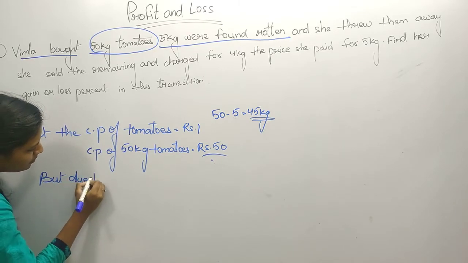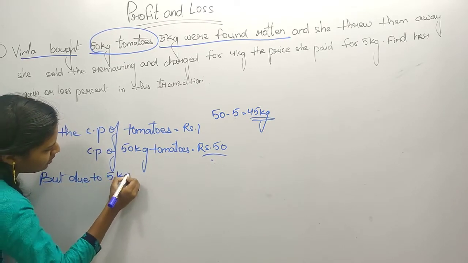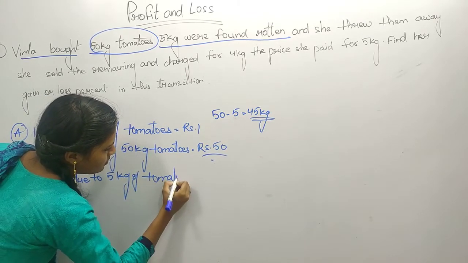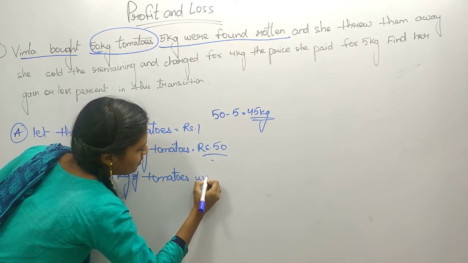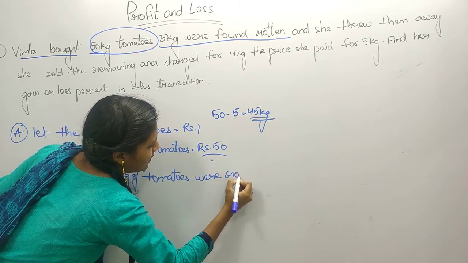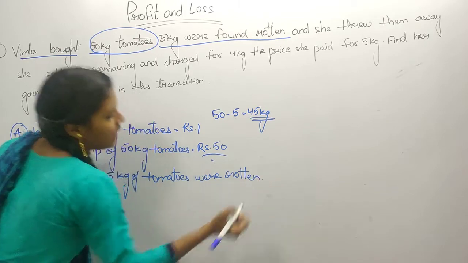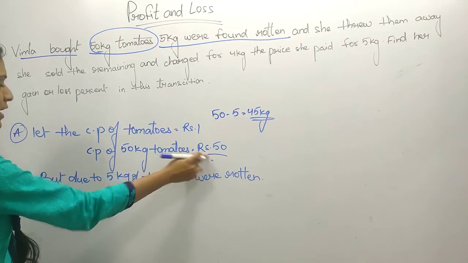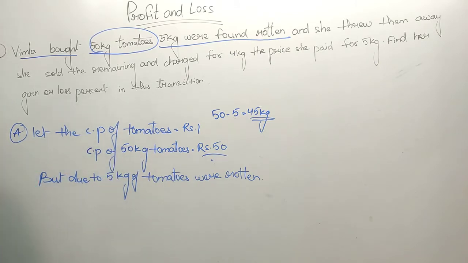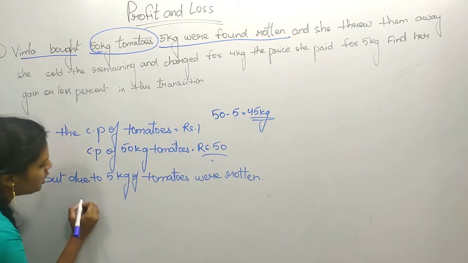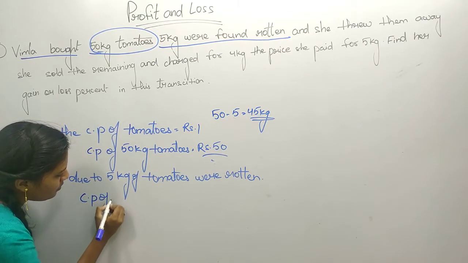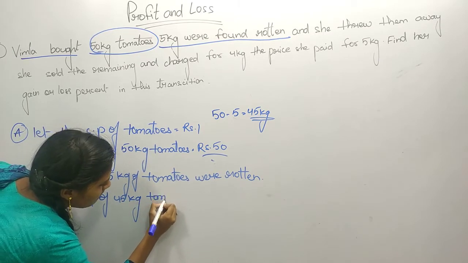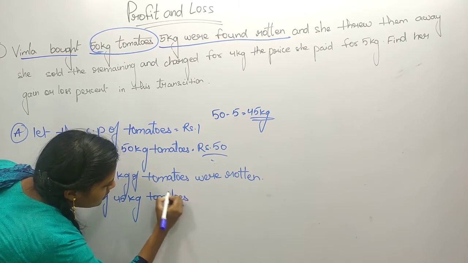Due to 5 kg of tomatoes being rotten, the CP, the cost price of 45 kg of tomatoes, is equal to how much?